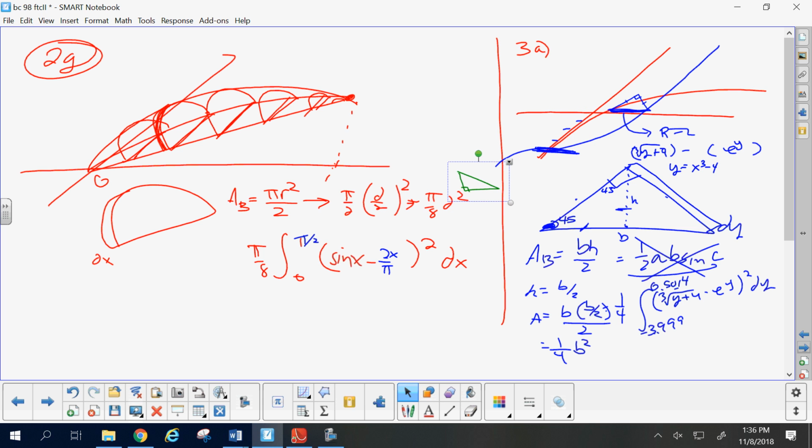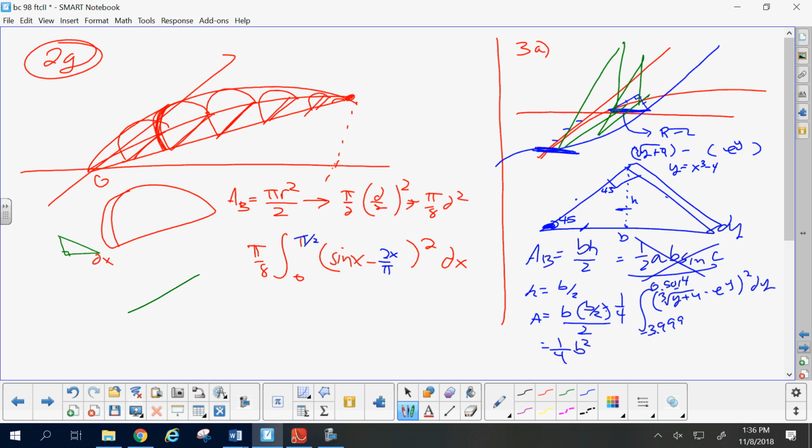Oh, parallel to the y-axis. All right, so parallel to the y-axis would look like that. So for that area, is it dx thick or dy thick?